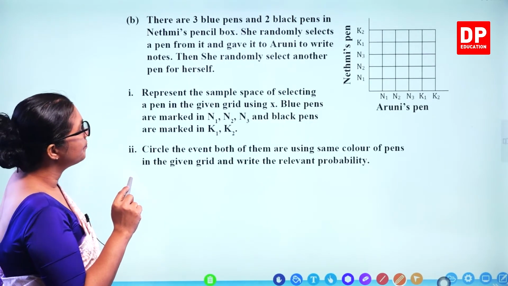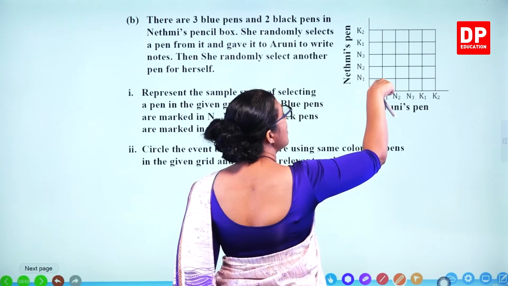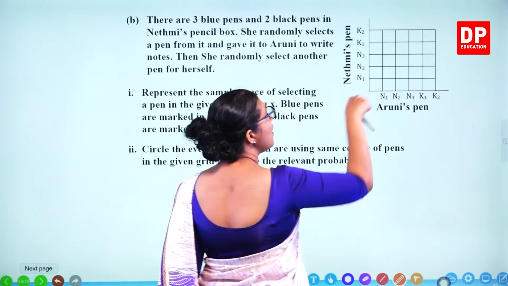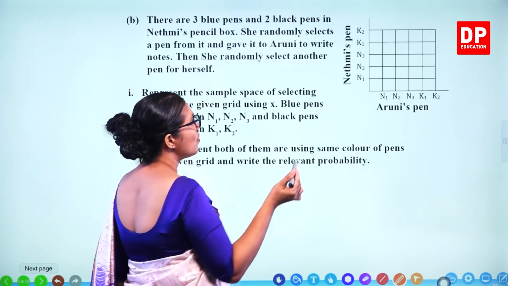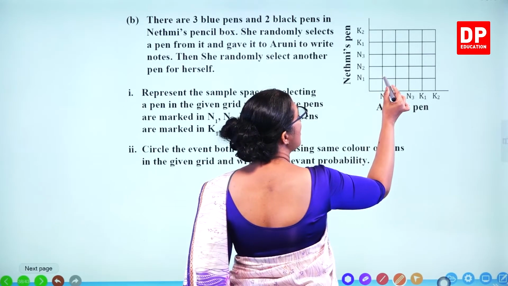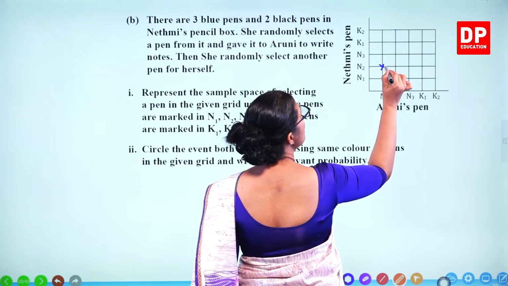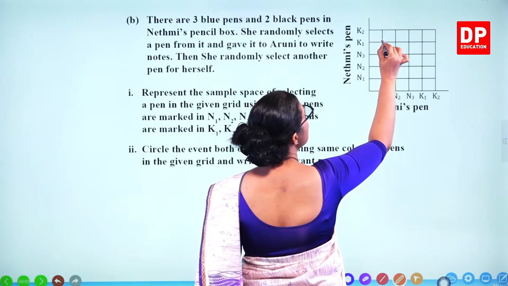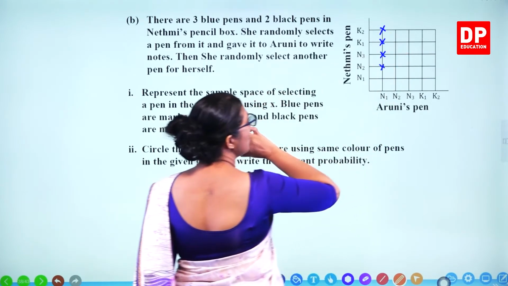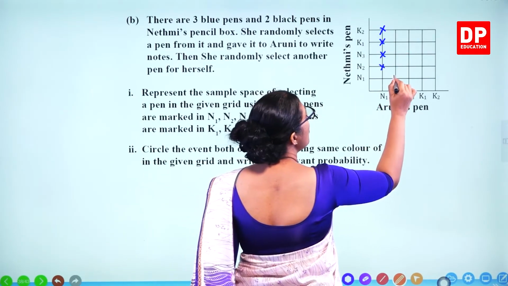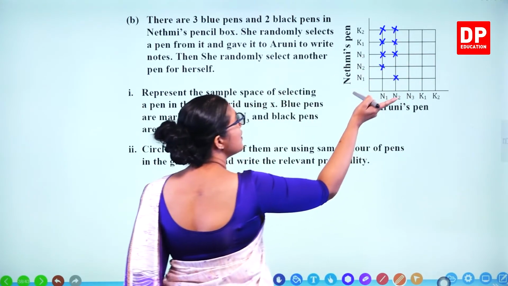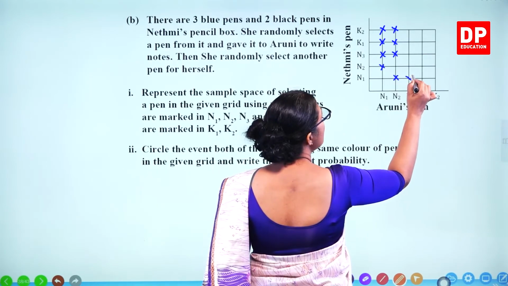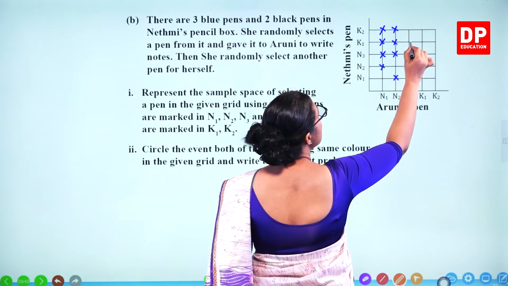So here, if Netmi gives N1 to Aruni, Netmi can't write with that pen. So you can't take the same outcome. But N1 with N2 possible, N3, K1, K2 possible. If it's N2, N2 again not possible because giving to the other person. If it's N3, N3 not possible.